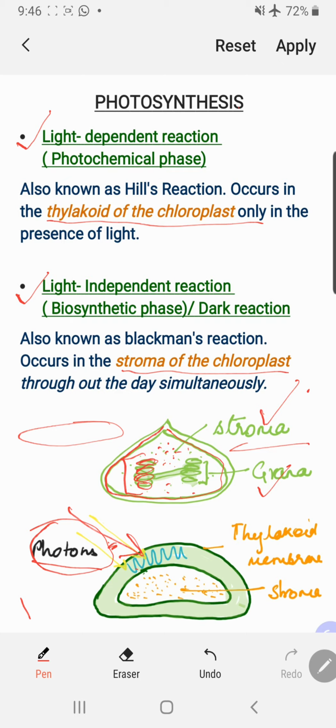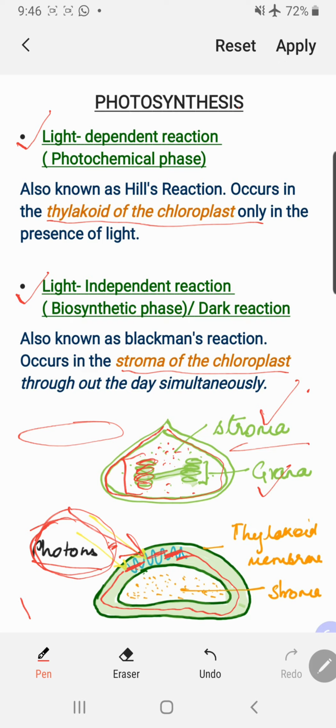So here we are talking about the particle nature, where the smallest unit of light packet is known as photon. This photon is actually trapped by the chlorophyll, which is present here in the membrane of the thylakoid. That's why the whole membranous structure is green in color, because chlorophyll is present here.